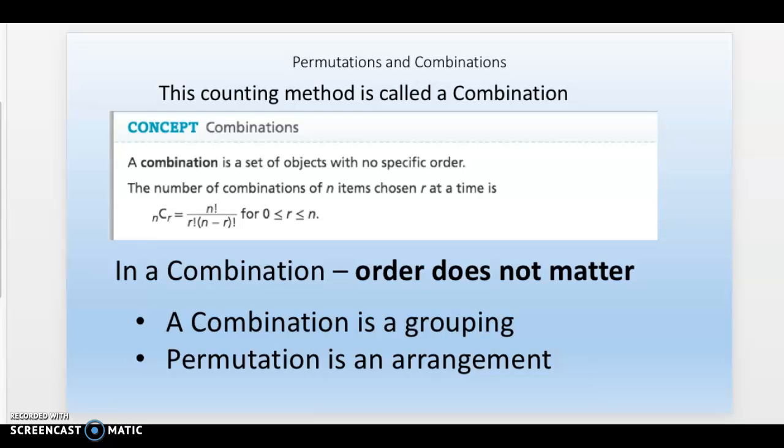Again, in a combination, order does not matter. A combination is a grouping. How many groups? You're counting groups. A permutation is an arrangement. How many arrangements are there? When we talk about combinations, we'll say from 6, pick 3. For a permutation, we say from 6, arrange 3.